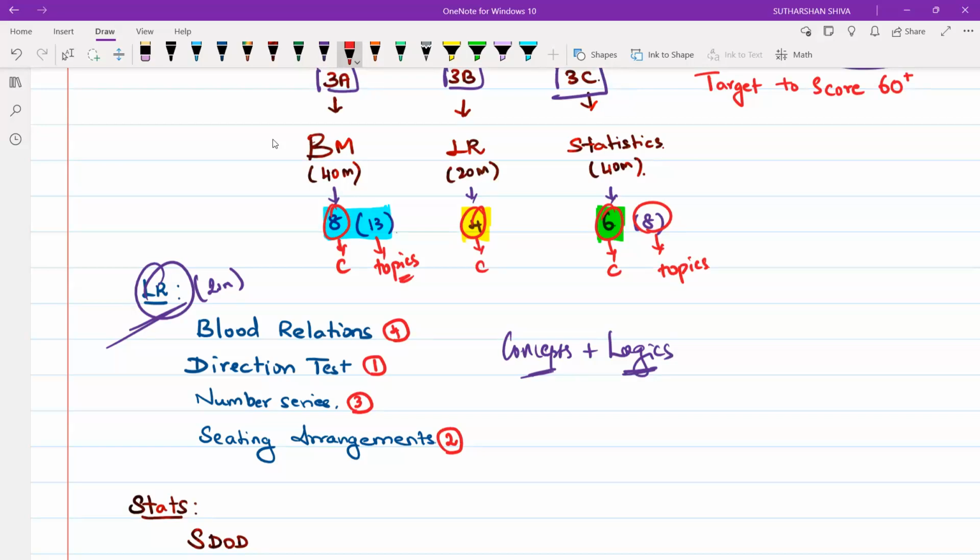If a seating arrangement question comes for 5 or 6 students, you will take this question and do it. Even if the seating arrangement is based on 7 or 8 members, you need to answer it only if you have following questions, like question number 3, 4. Question 1 will be there, and from this you need to answer question 3.